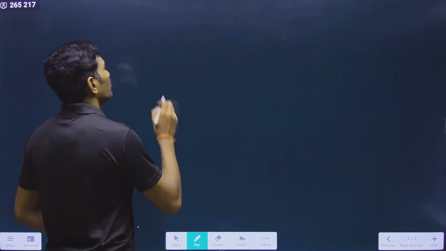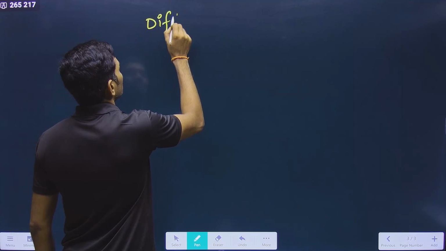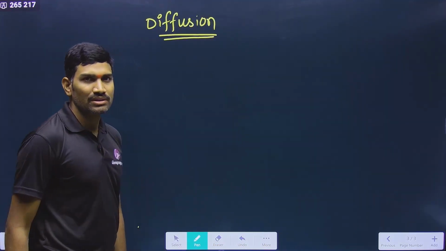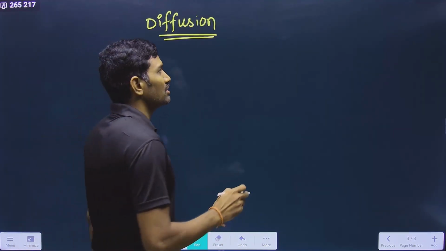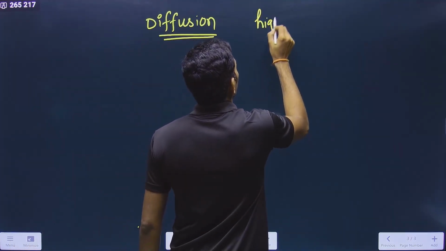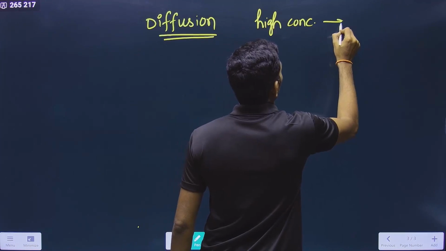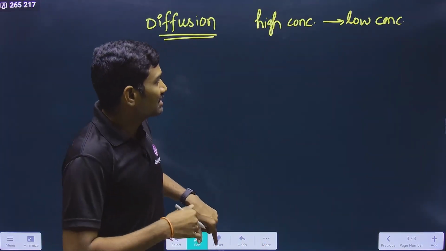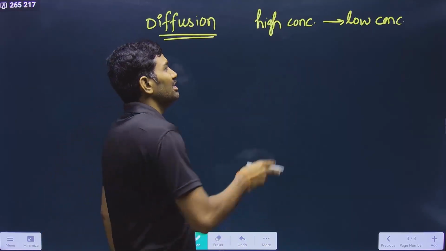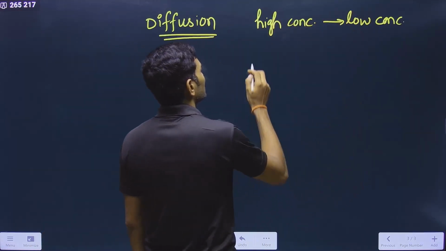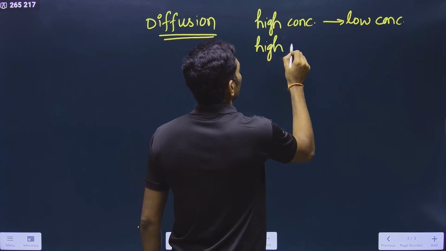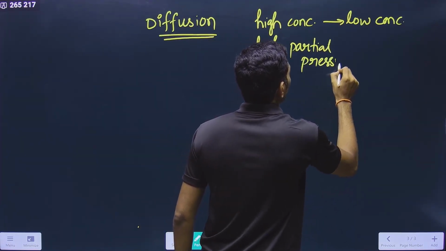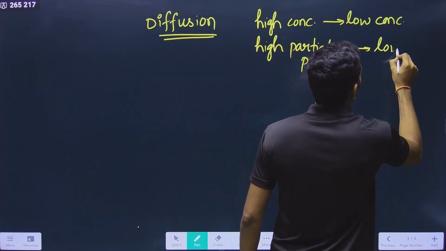But here we are talking about diffusion of gases. In the cell chapter, we clearly studied simple diffusion. Diffusion always occurs from high concentration to low concentration. But since these are gases, instead of saying high concentration to low concentration, we say high partial pressure to low partial pressure.